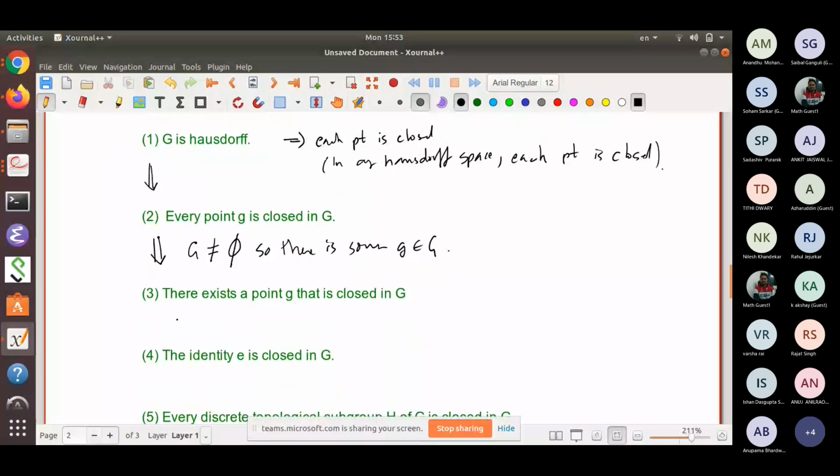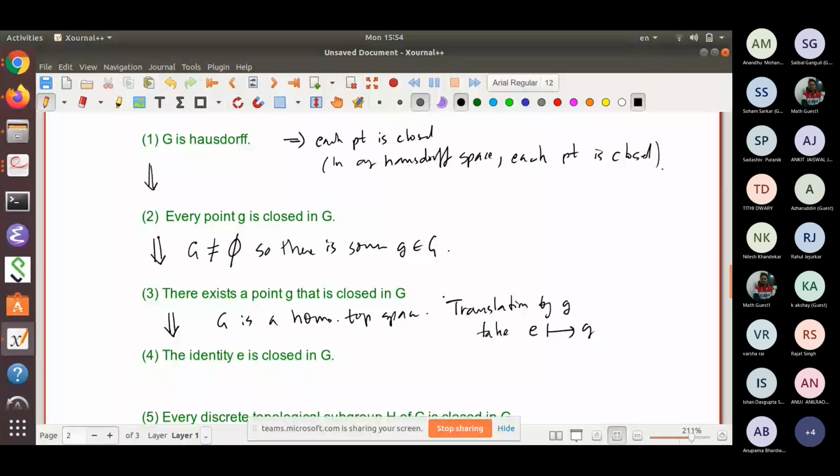Now why does this imply this? Because G is a homogeneous topological space, translation by G takes E to G. Which translation? Right, left, whichever.